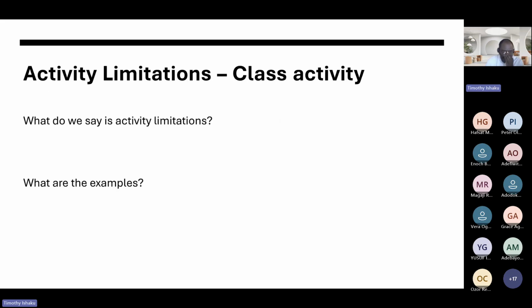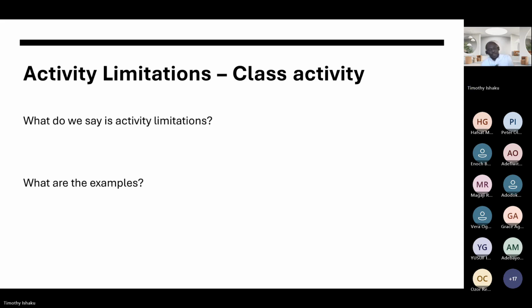So if those are impairment level, what do we think are the examples of activity limitations? We said activity limitations are difficulties an individual may have in executing a task or action, and they represent restrictions at the activity level, which is about performing basic or complex tasks in their daily life.